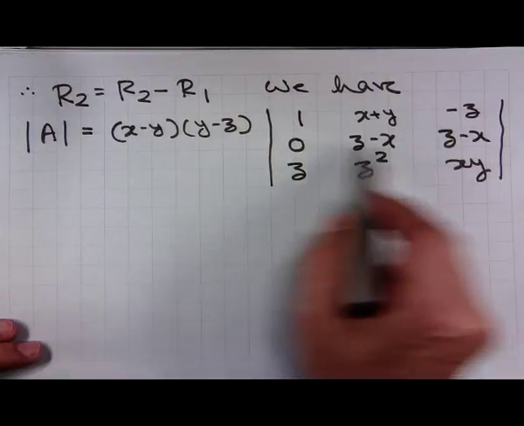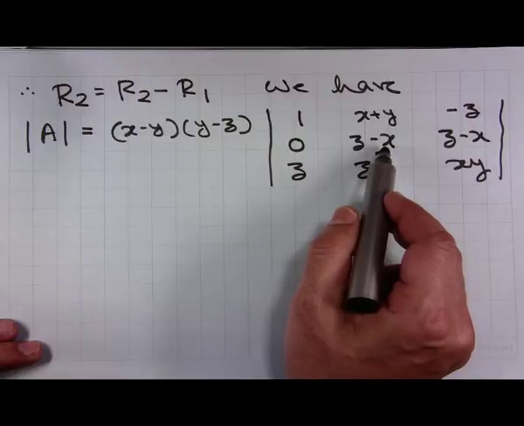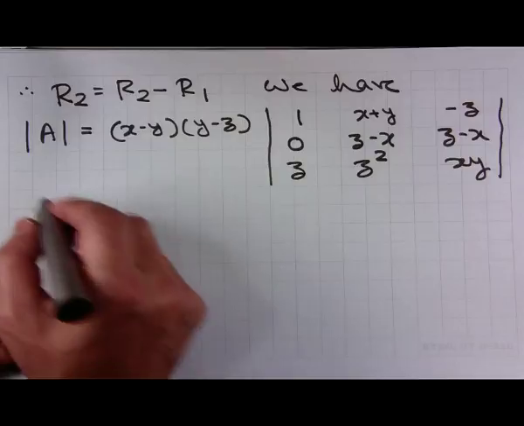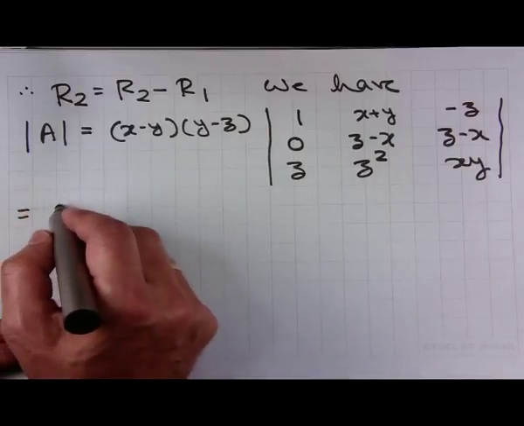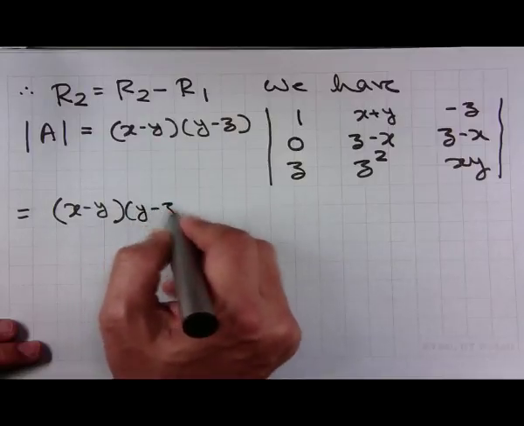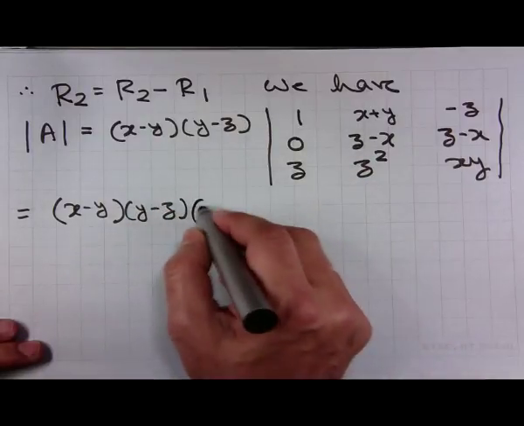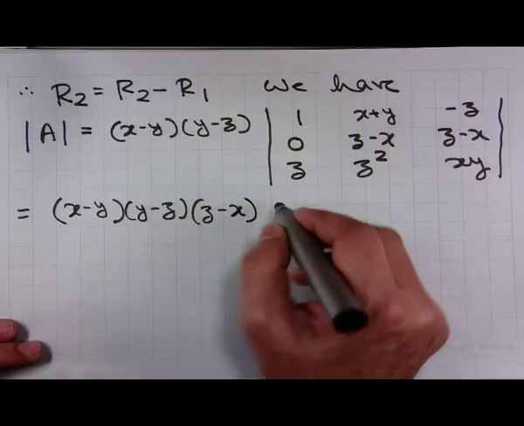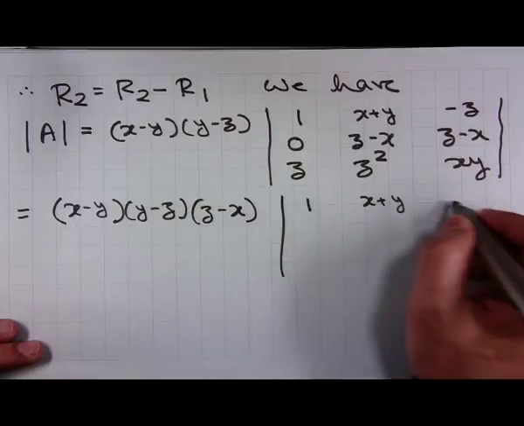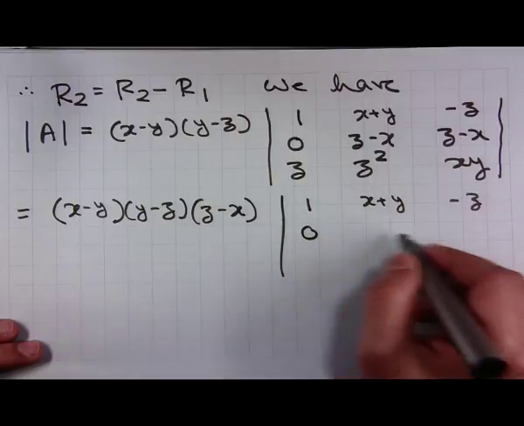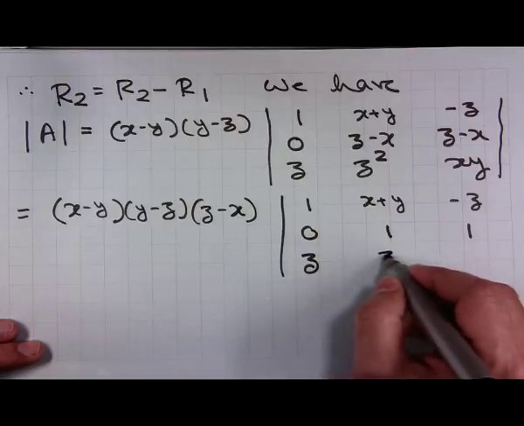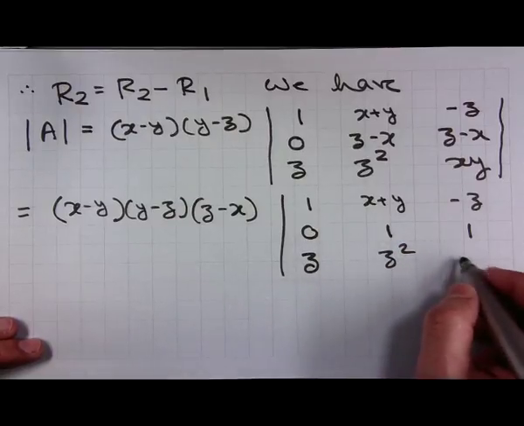Now, from this row we can take z minus x common, is equal to x minus y into y minus z. If I take z minus x common, then what is left is 1 x plus y minus z, 0, 1, 1 z square xy.